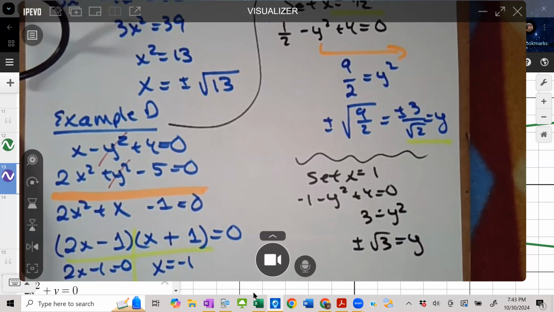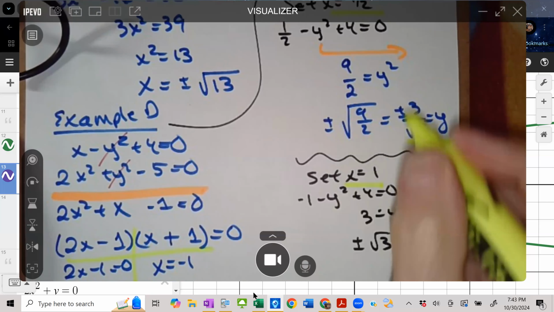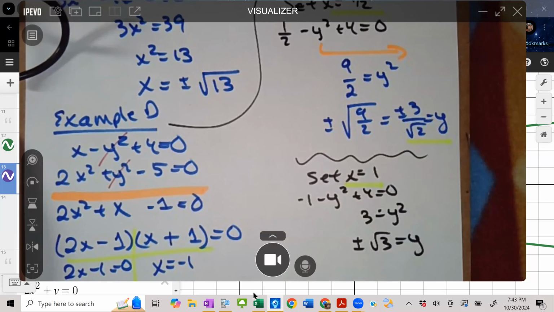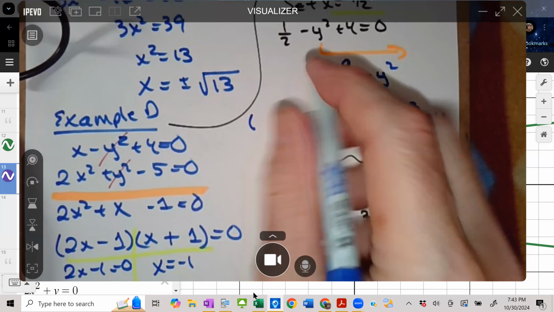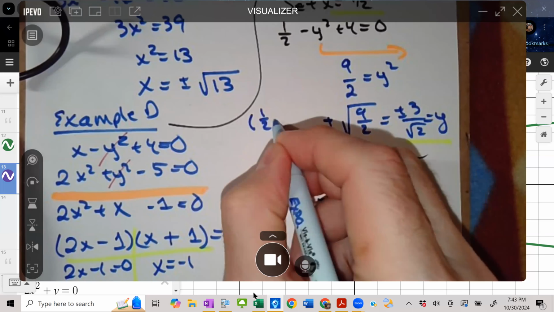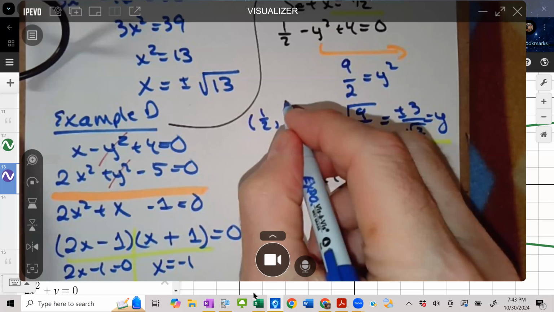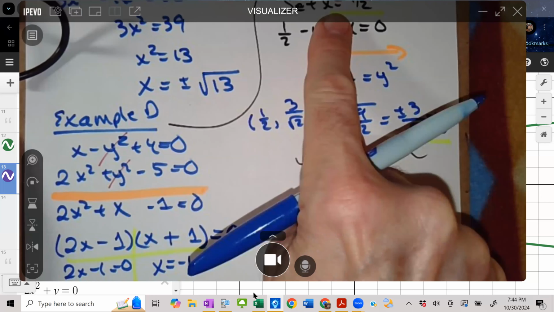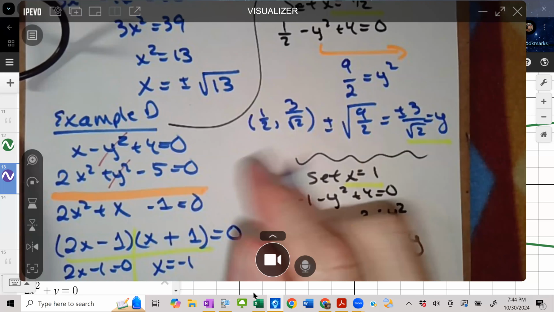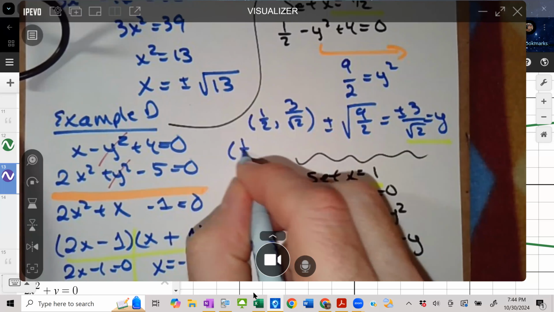So I had 2 different values for x, and each value for x gave me 2 values for y. Overall, my solution is going to look like this. When x equals 1/2, y could equal 3 over the square root of 2. Or when x equals 1/2, y could equal -3 over the square root of 2.